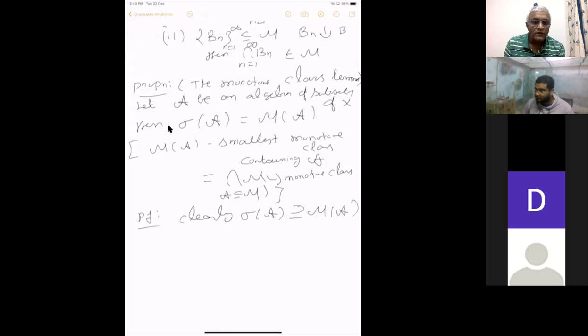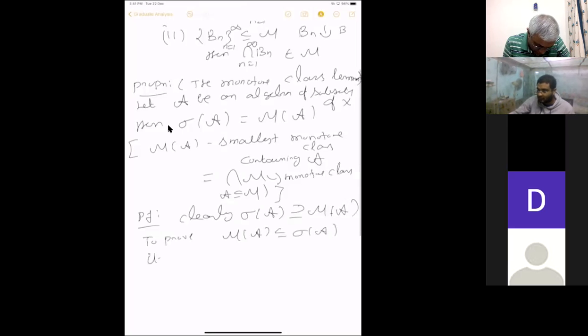Okay. So now we want to prove the other way. We want to prove that M(A) is contained in sigma(A). Sir, the other inclusion?